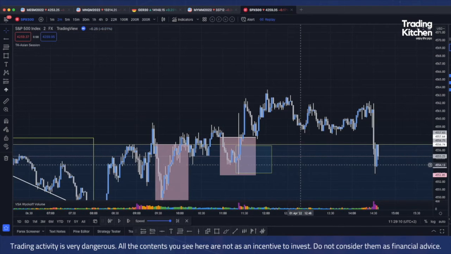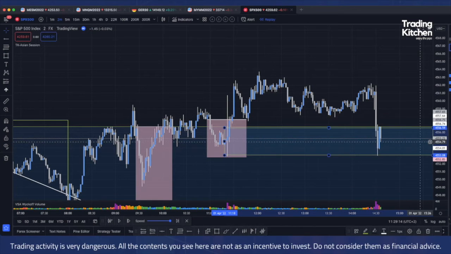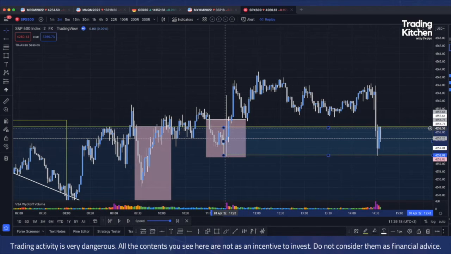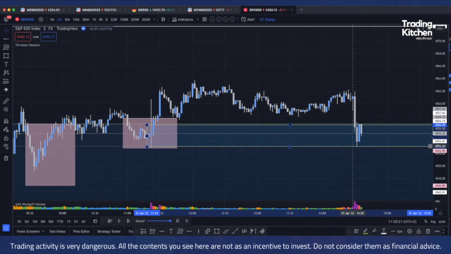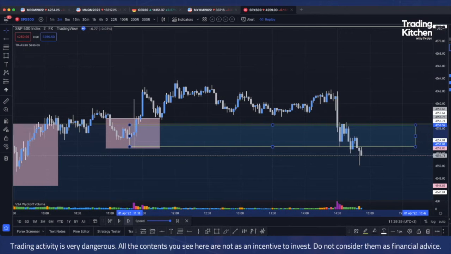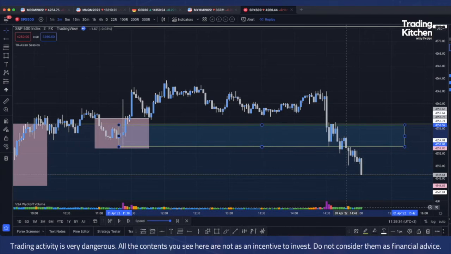Okay, so now we tested this area, okay, which is the area that created this impulse. So now what I wait for is an EDT pattern to be created to go long, okay. Price is going down.